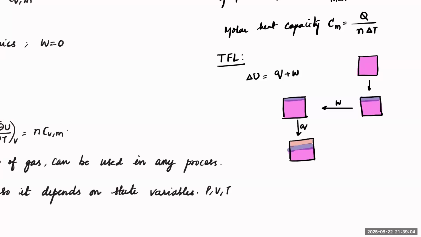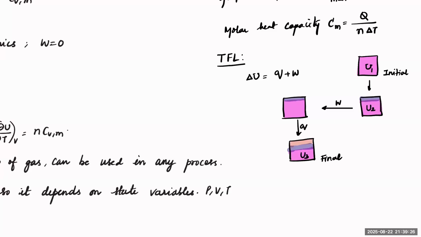So initially, let's say you had an energy U, or U1. And now what happened? Here it has become U2. Here it has become U3. Now this is the initial condition. This is the final condition.